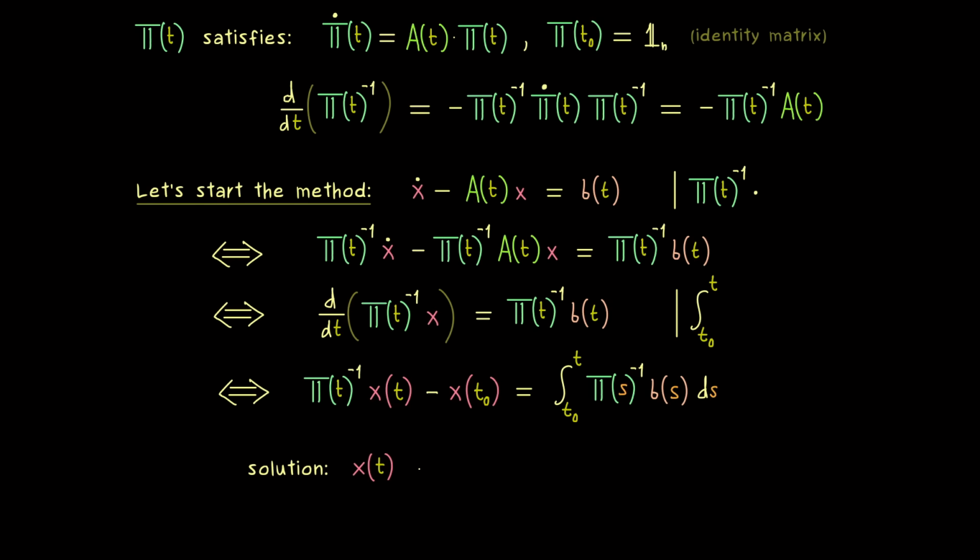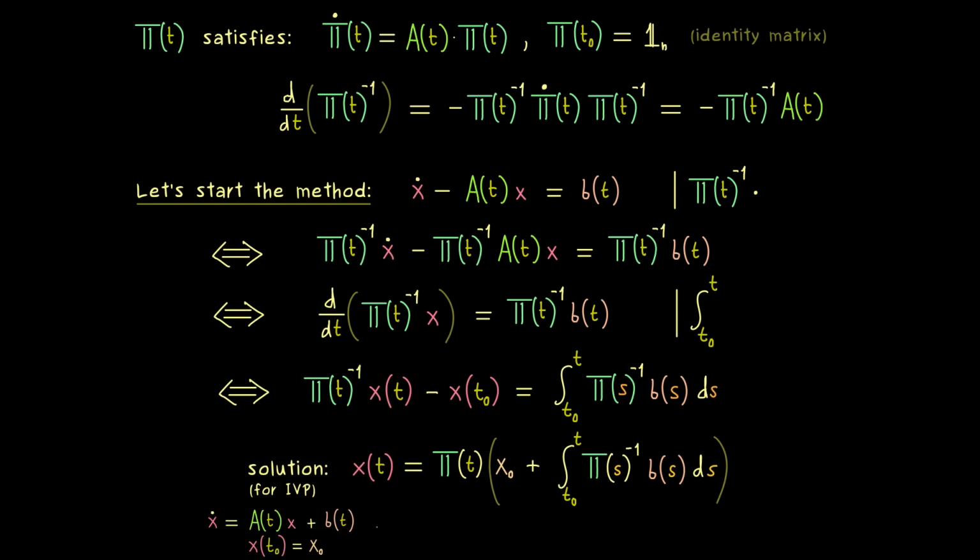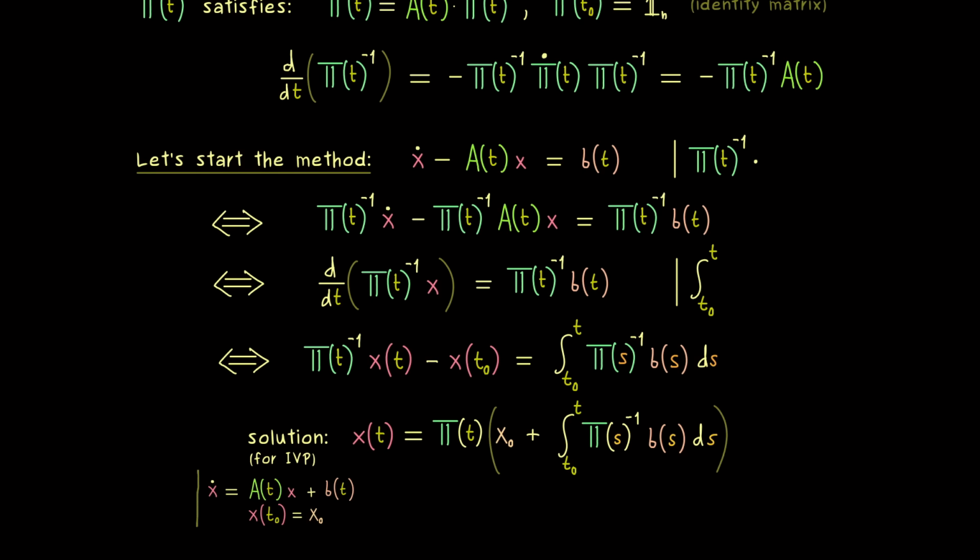And as promised, it looks exactly the same as in the one-dimensional case, just with matrices involved. So in short, the scalar function p from before is now our matrix function Pi. And this is quite nice because it means it does not matter in which dimension we have our initial value problem. So finally, we have a solution formula that covers all linear ODEs.